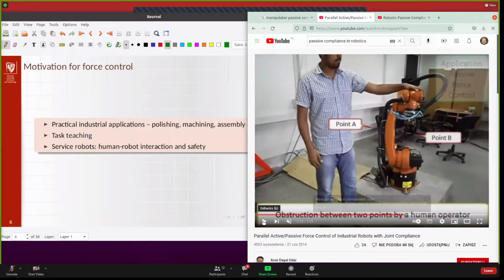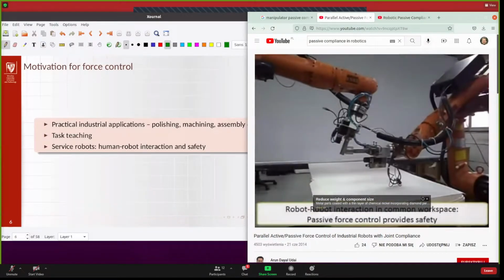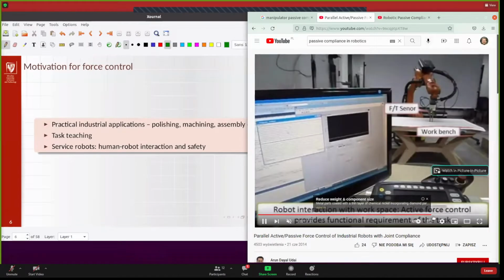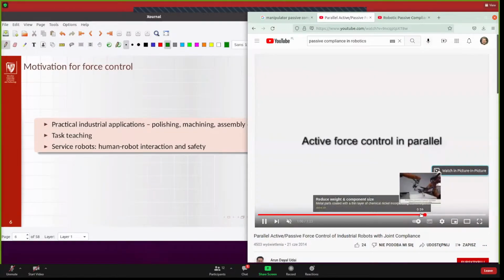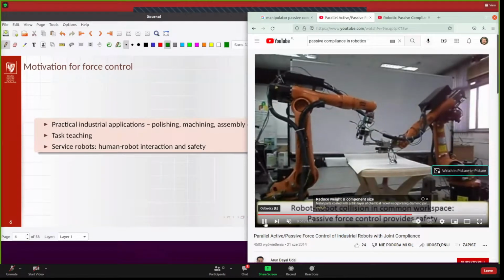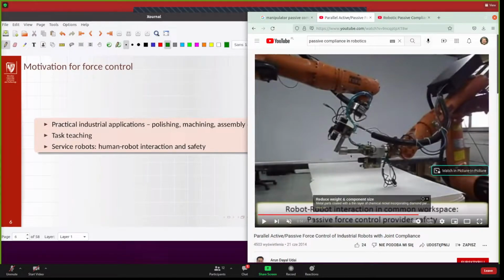So firstly, the example of non-intentional interaction, that's the example of the so-called passive force control, when after the collision, the robot, as you can see, reacts to that and to not destroy the gripper.